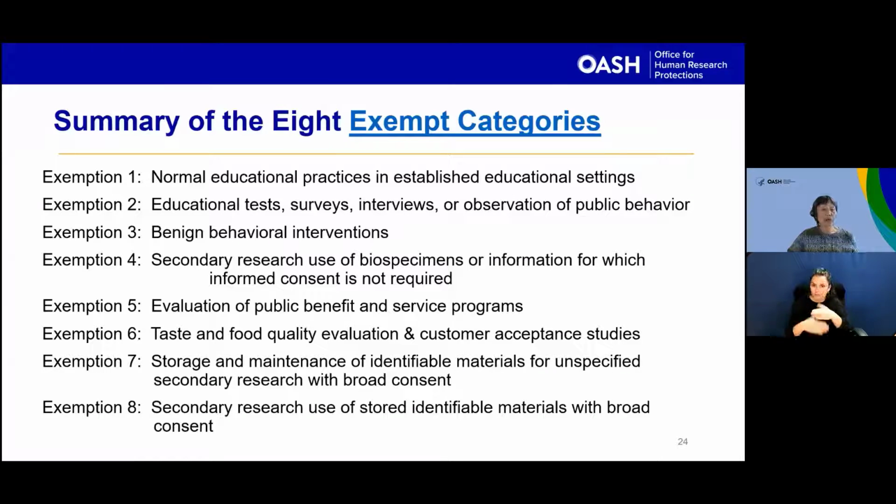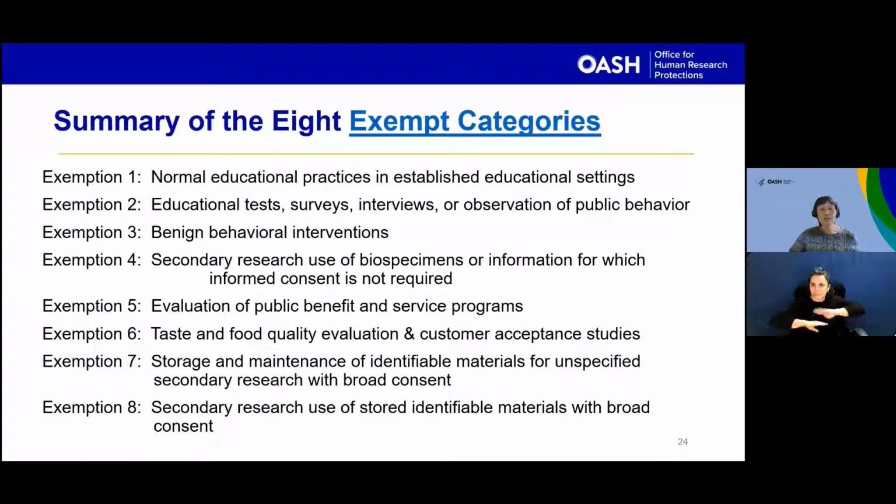Exemption 4 is entirely for secondary research, use of biospecimens or information. So I'm going to leave you to read the rest. And these are only the brief descriptions of the exemption. In order to be able to invoke the exemptions, you need to make sure that all the conditions that are described in the common rule for that particular exemption are met.